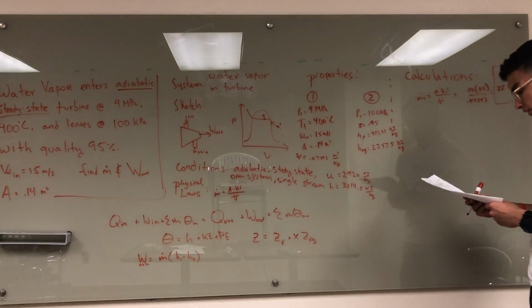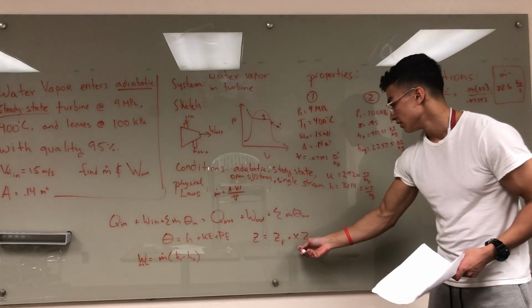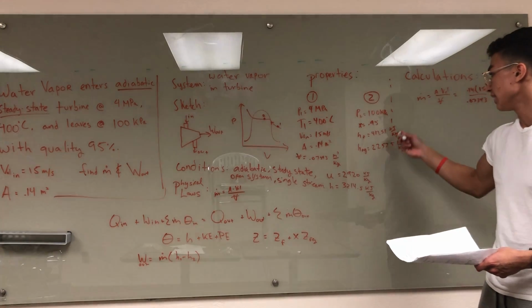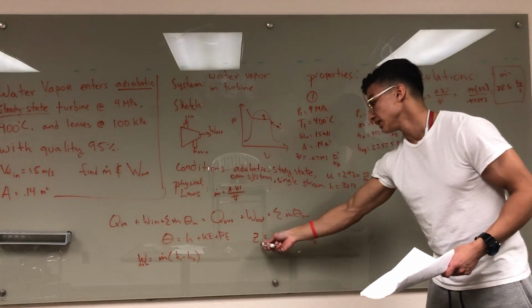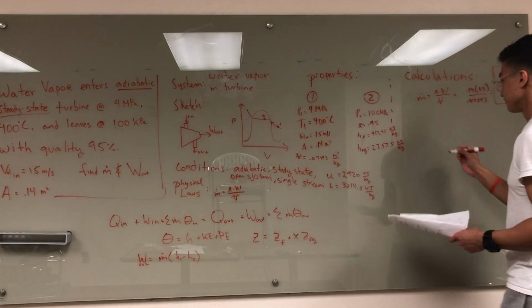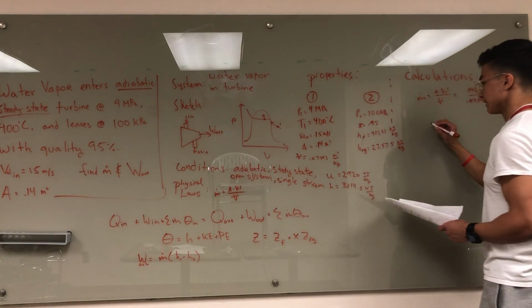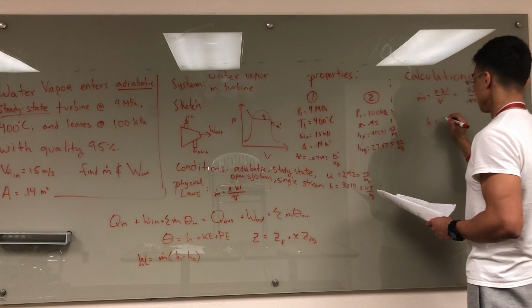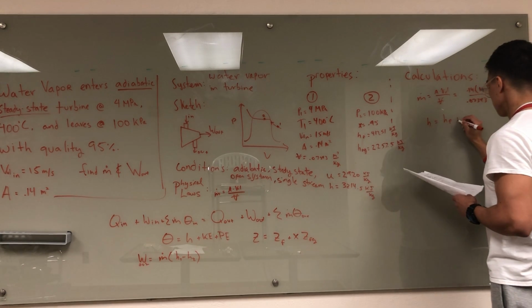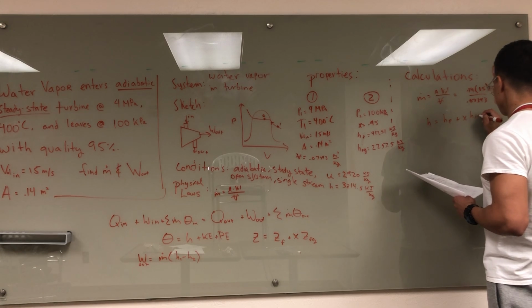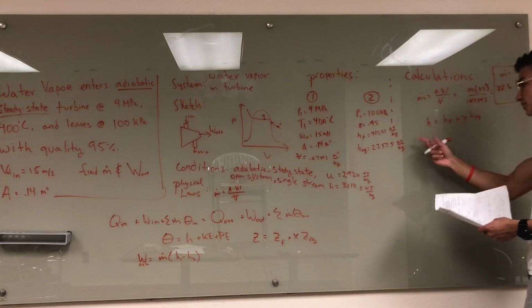All right, so we're given our quality, and we got these values by using the tables. So now let's try to find what our actual enthalpy is. So let's calculate that here. h equals hf plus x hfg. And let's just plug in our values.